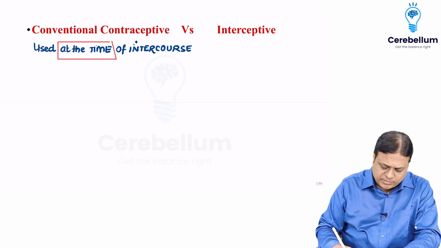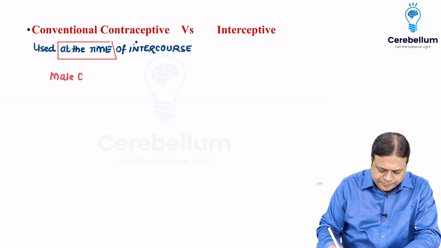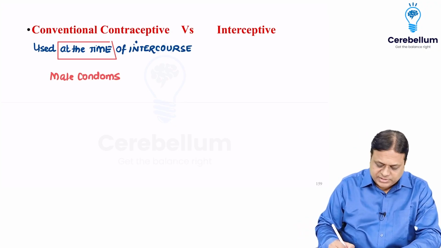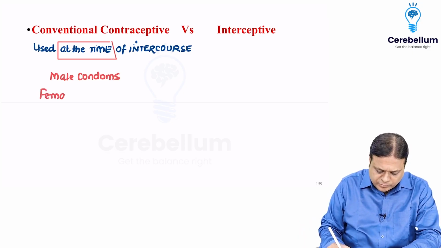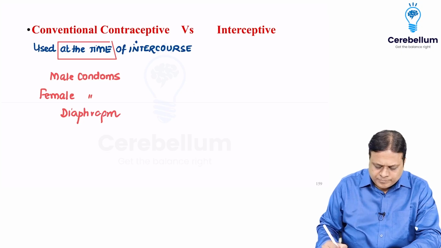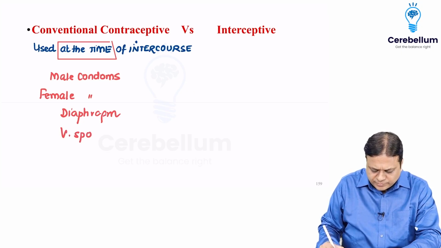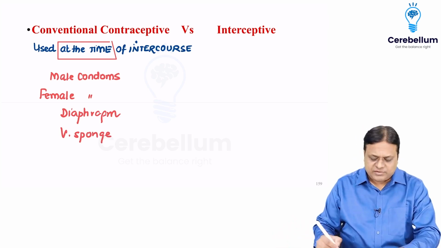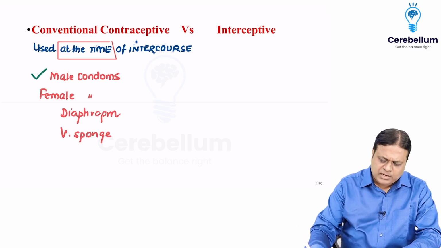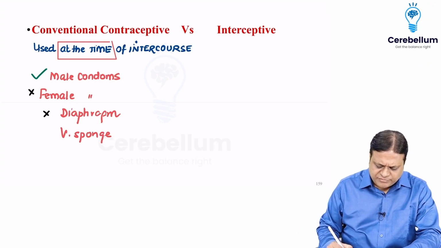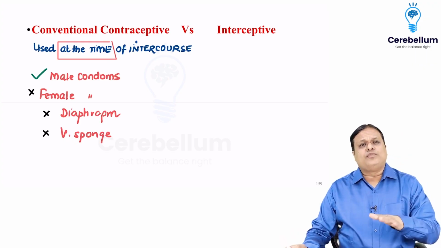This would include male condoms. And if I make a list of barrier methods, female condoms, diaphragm, vaginal sponge, then please remember not all barrier methods are conventional, only male condoms are. Female condoms, diaphragm, vaginal sponge do not fall in this category.